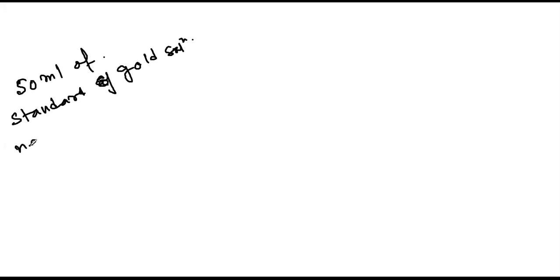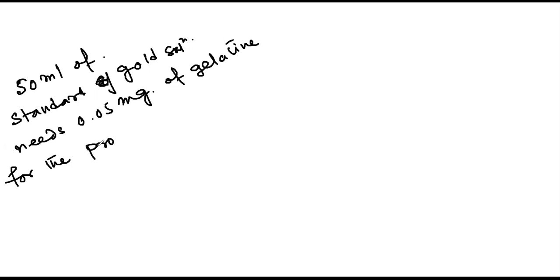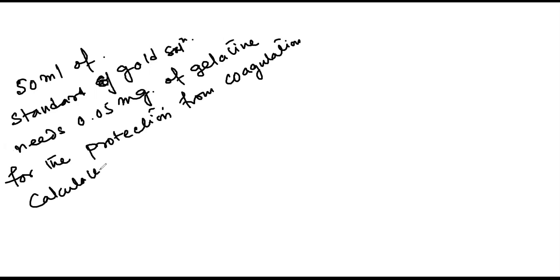You can write down: 50 ml of standard gold solution needs 0.05 milligram of gelatin for the protection from coagulation. Calculate the gold number of gelatin.